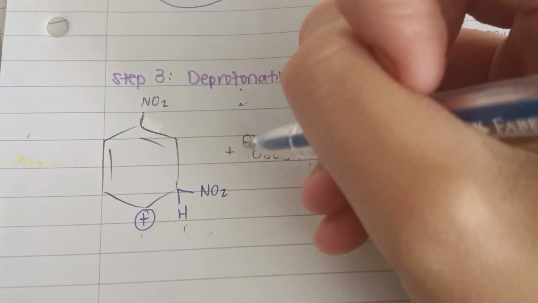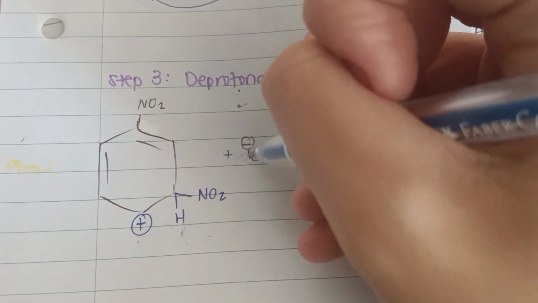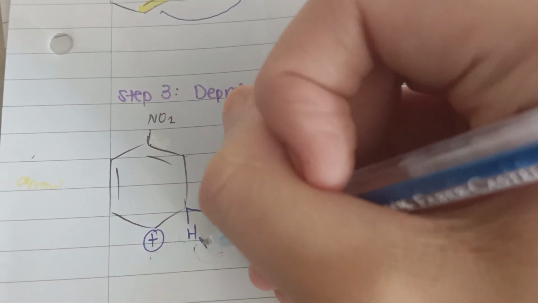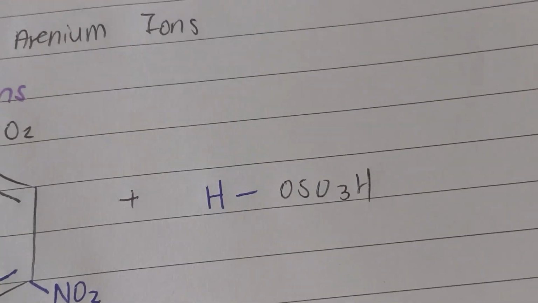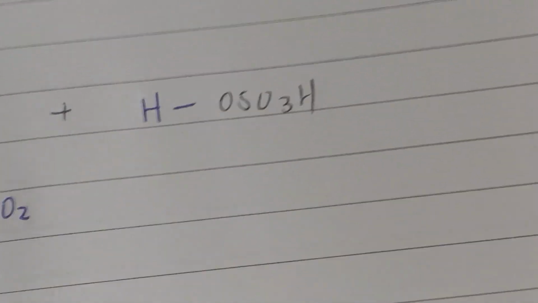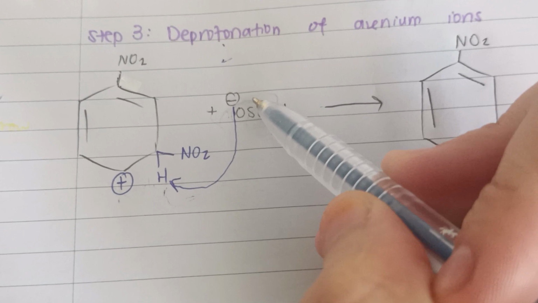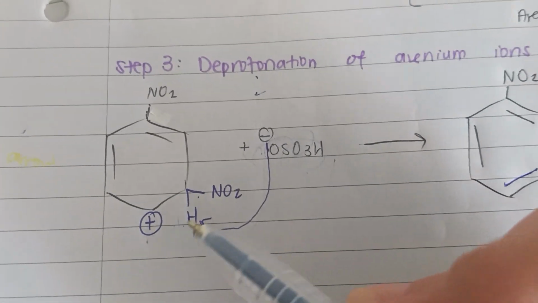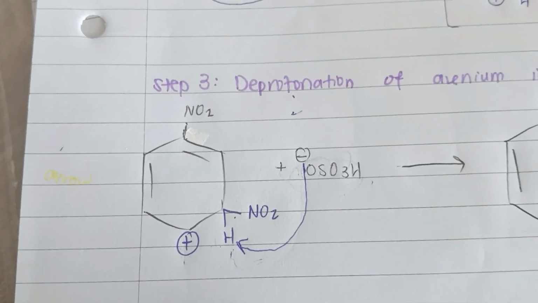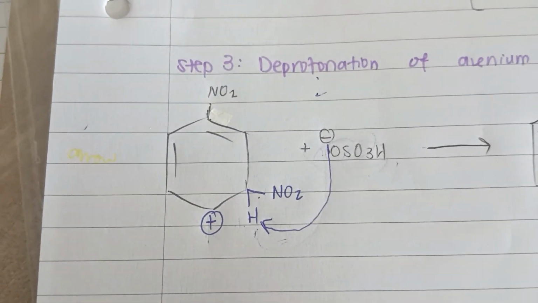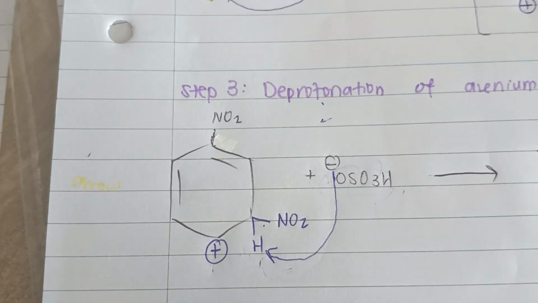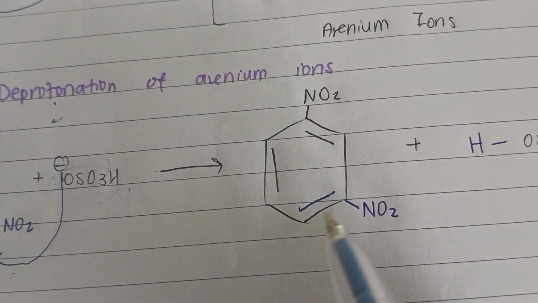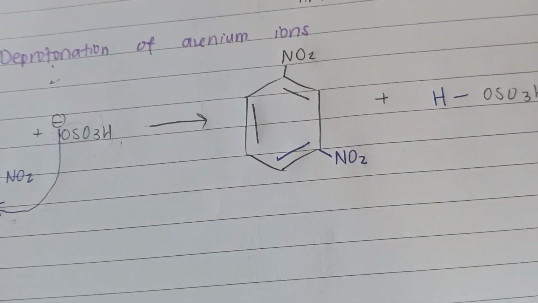So the negative charge will move to this H atom, and then the H2SO4 will be reformed back to its normal state. So now this electron pair will form a double bond, which makes the benzene ring stable again. It restores its aromaticity. So draw the double bond over here, and there you have it.